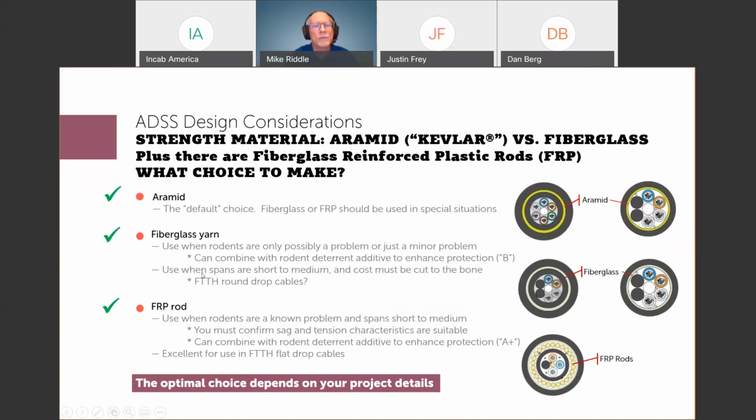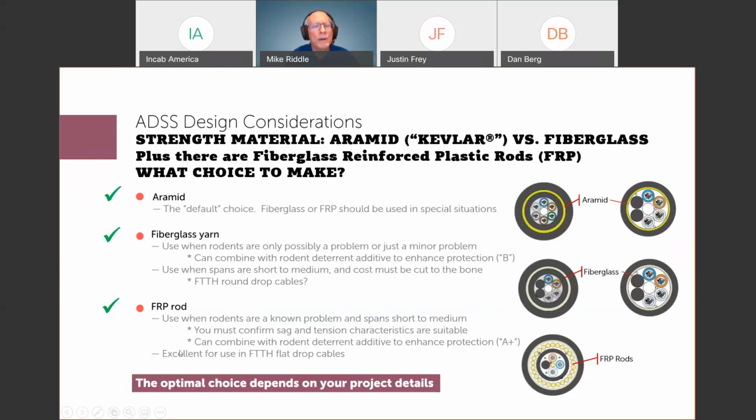Fiberglass is also good for fiber to the home round drop cables. And FRP rod you should use when rodents are a known problem, as long as spans are short to medium. But you've got to check the details on that before you would select such a cable. In addition, if squirrels are a real problem, we can add an additive to that outer jacket, and you can increase that rodent resistance rating up to an A+.